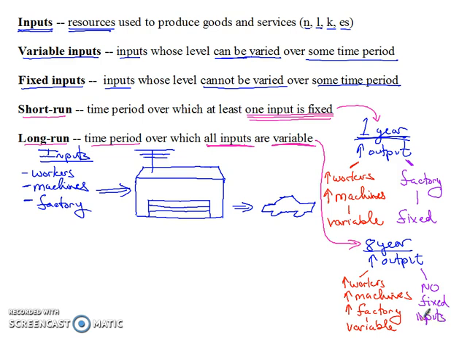Now, notice this might be entirely different for a little landscaping company, where everything can be varied within 3 months. In a 3-month time period for the landscaping company, what are their inputs?